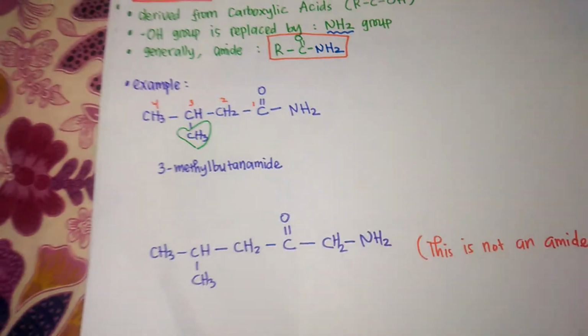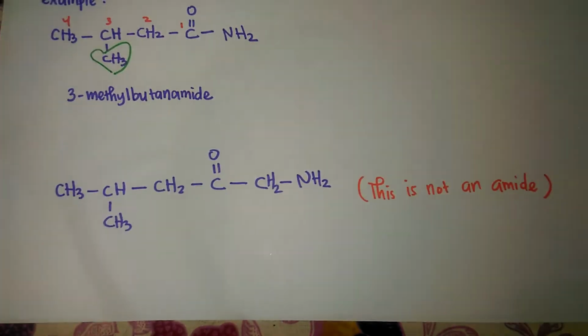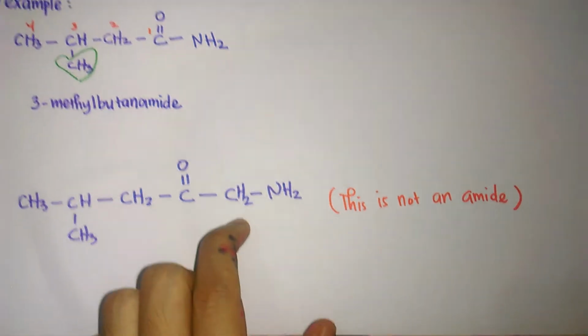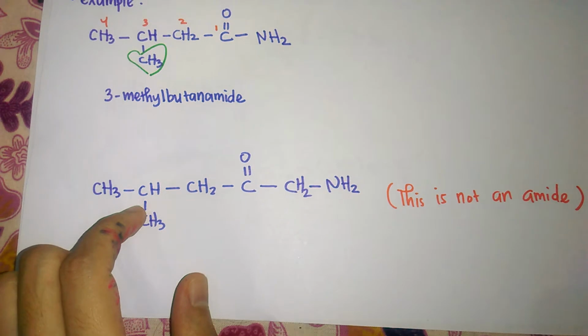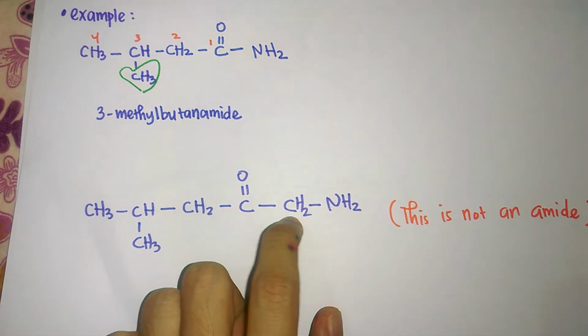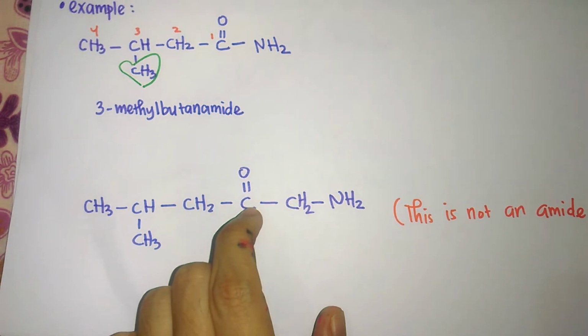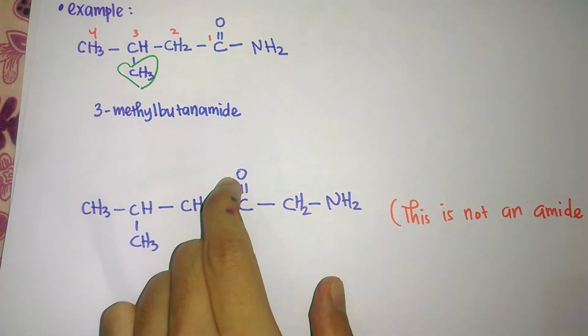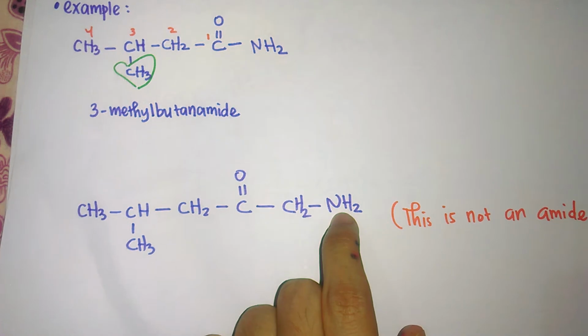So next, this is not an example of amide. Why? Look at this. Because there is another carbon in between the C double bond O or carbonyl group and the amine group.